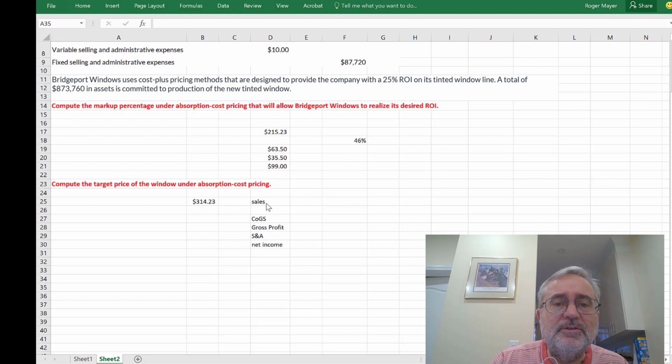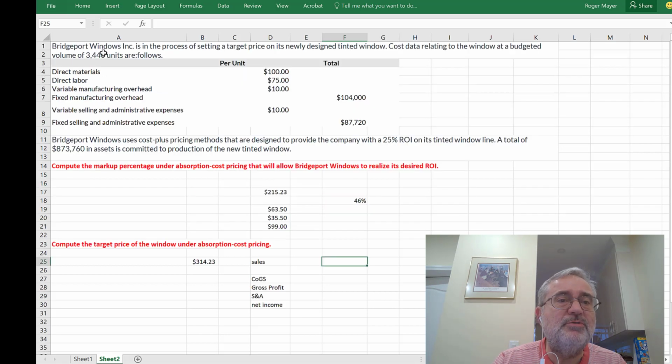So what we have here is a typical income statement where we have sales minus cost of goods sold gives us gross profit. We then subtract our sales and administration and get our net income. So what is our sales? Well, again, we're assuming a budgeted amount based upon 3,440 units.